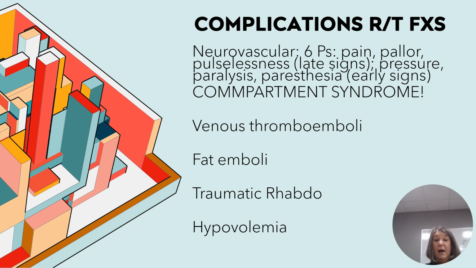So if I have a cast on my arm, I'm going to be checking my fingers. Do I have capillary refill? Do I have pulses below the site of the cast? And just like with compartment syndrome, even if I don't have a cast, you're going to be looking at those pulses below the site of injury. All right.